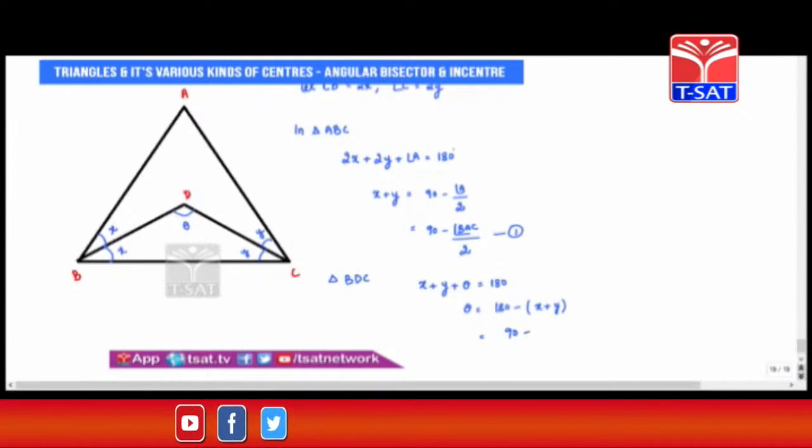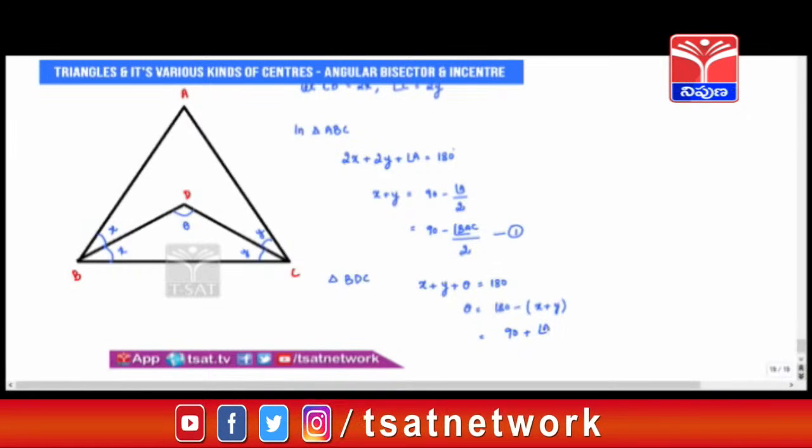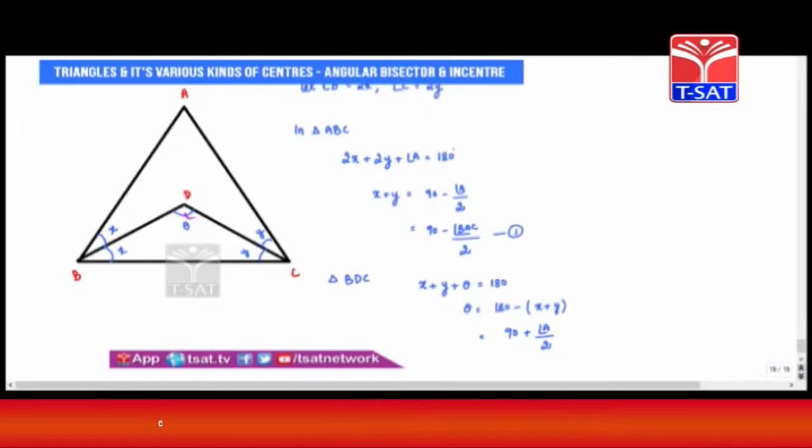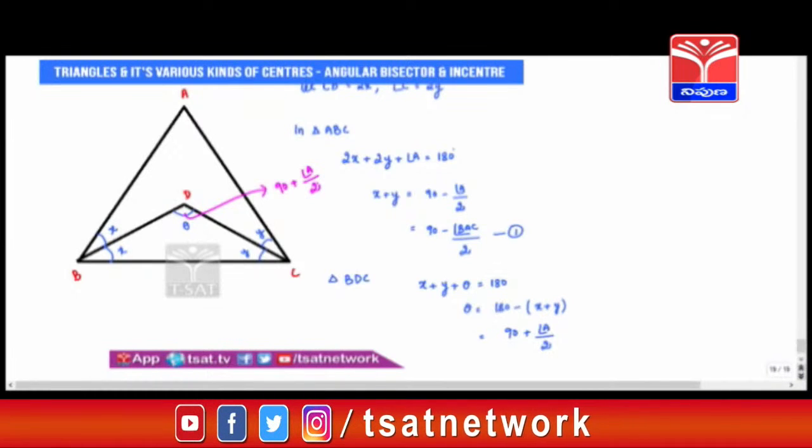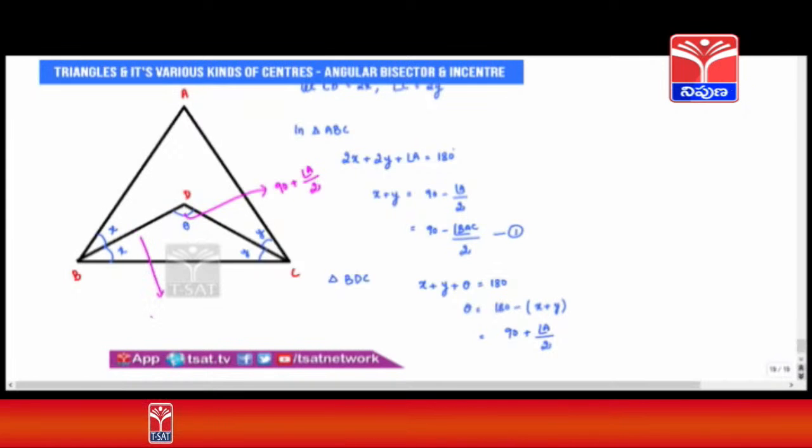Minus of minus becomes plus, therefore plus angle A by 2. So, remember this theta: the angle formed at the two internal bisectors of a triangle is 90 plus the third angle by 2. Here I am taking two internal bisectors. These are internal bisectors.